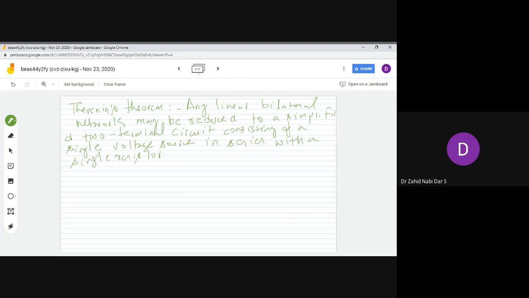So let's see how we go about the Thevenin theorem. First of all, you have to identify and remove the load from the circuit.